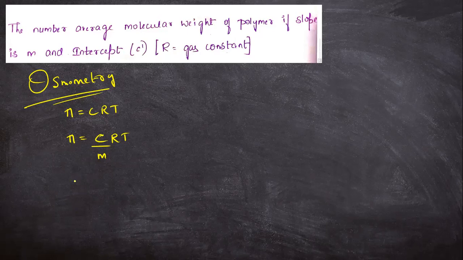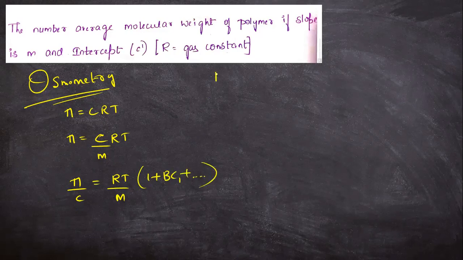So pi by C is equal to RT by M into 1 plus BC and so on. So pi by C is equal to RT by M plus RT BC by M.